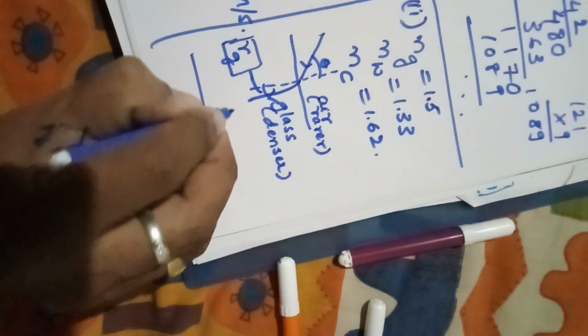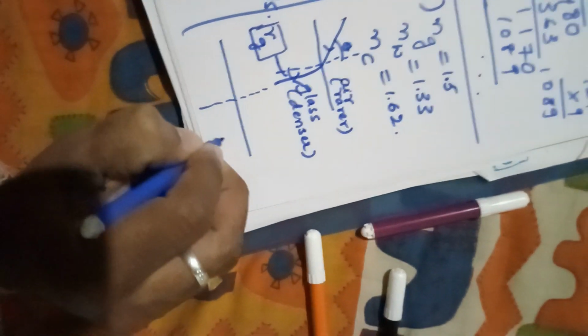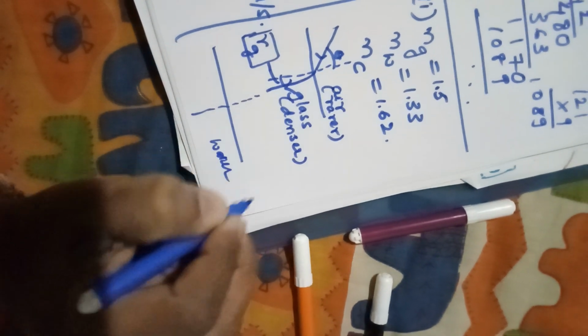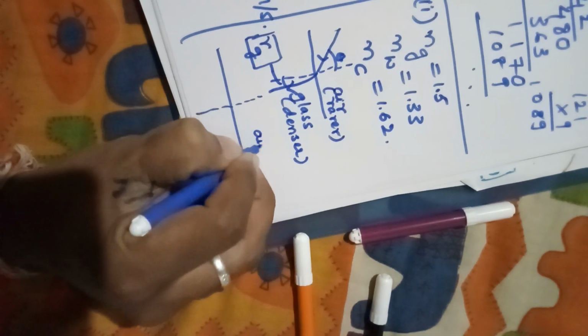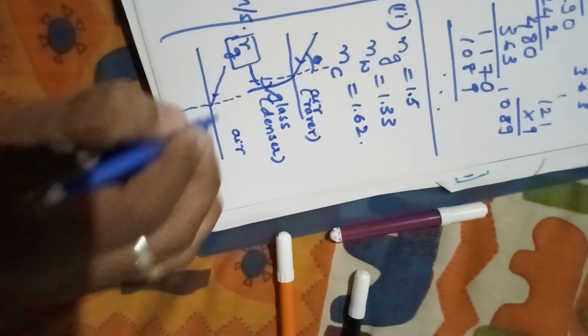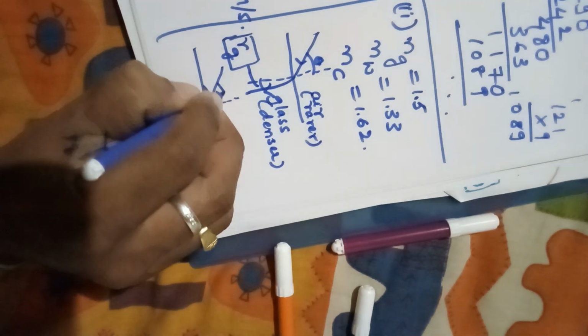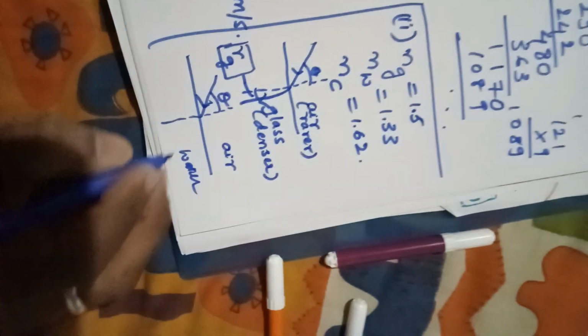Now let's take the other two media. Now first let's consider water. Again let us assume that the incident ray is present in air. As mentioned in the question, the angle of incidence for all these three media remains same, and it is theta.